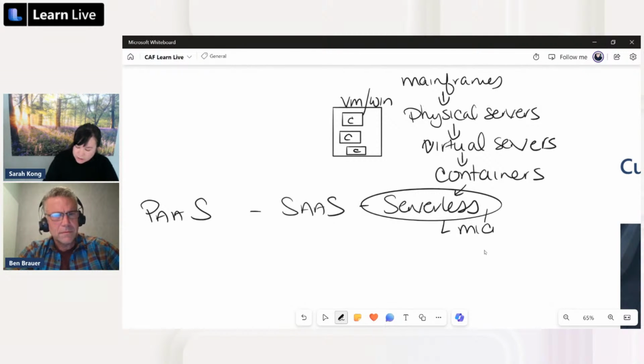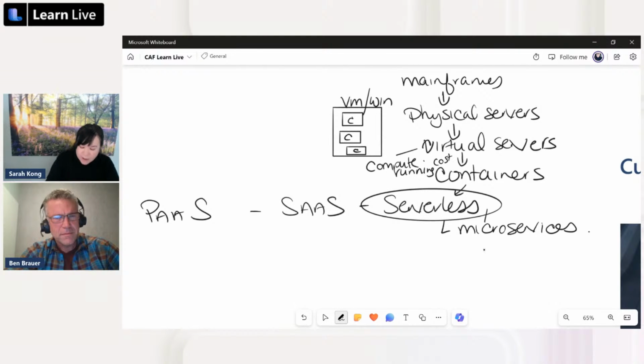I always wondered about the whole definition of serverless, and I'll say my definition, and Ben, you can correct me if I'm wrong. With virtual servers, when you purchase them in Azure, you have to build that infrastructure. You have the compute running cost, and you also have the drive cost.